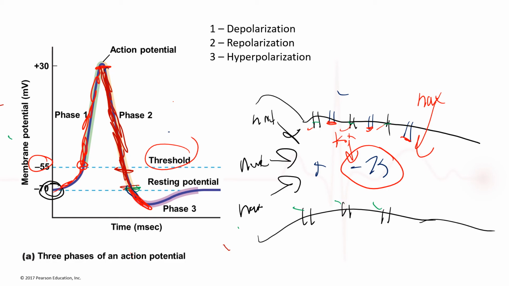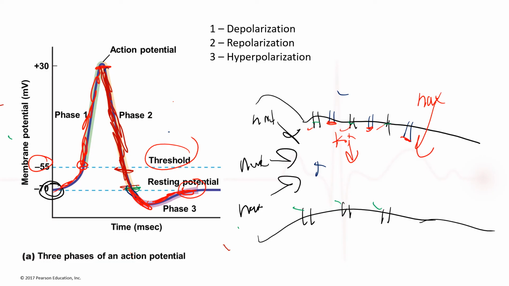So that actually results in more sodium entering into the hillock than potassium leaving. That causes a slight depolarization because the cell is gaining more positively charged ions than it's losing, gaining more sodium than it's losing in potassium. And that drives us back up to the true resting membrane potential.